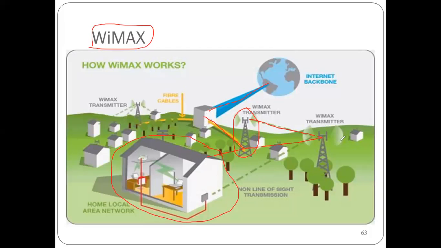If someone has requested an internet connection, then only the antenna needs to be deployed over here. So it makes some sense. Now this transmitter can easily transmit the signal in all directions, so over here also the signal is about to reach, right?